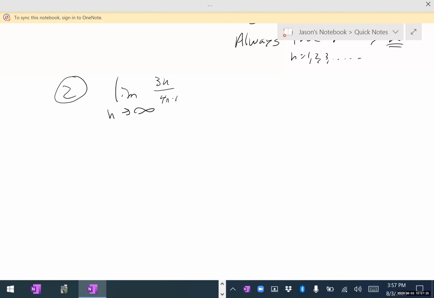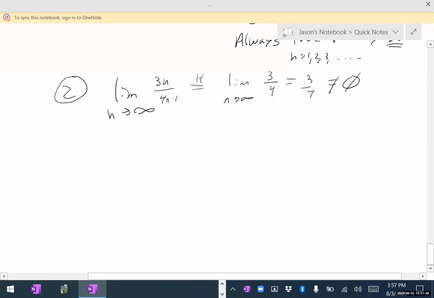Let's see what happens here. Well, let's do L'Hopital's rule. The limit as n goes to infinity of 3 over 4 is equal to 3/4, which is not equal to 0.